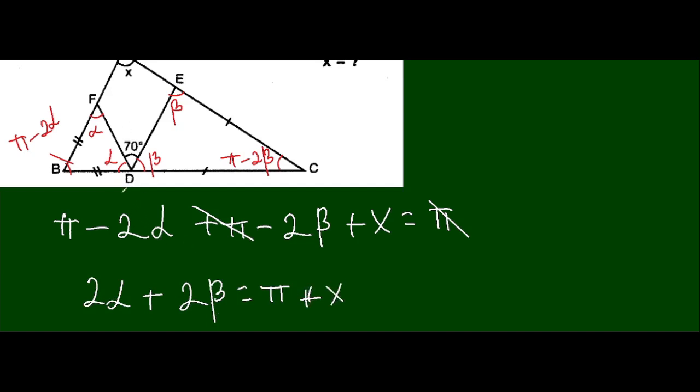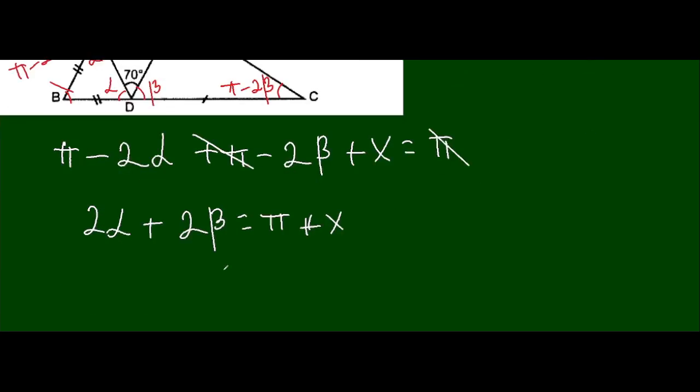Here we know that the sum of adjacent angles is 180 degrees. So alpha plus beta will equal 110 degrees. This we can plug into this equation, and we'll get 220 equal to 180 plus x.